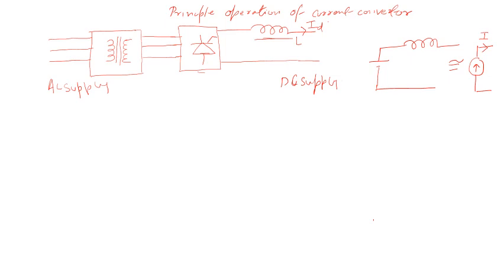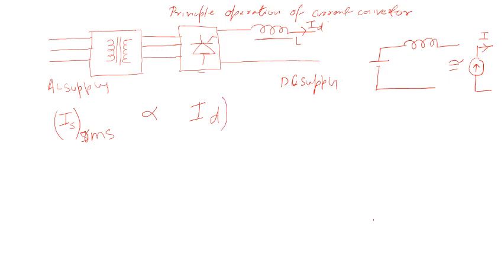Now, because of the inductor, your supply current, that is the RMS value of the supply current, will have a directly proportional relation with your DC current.